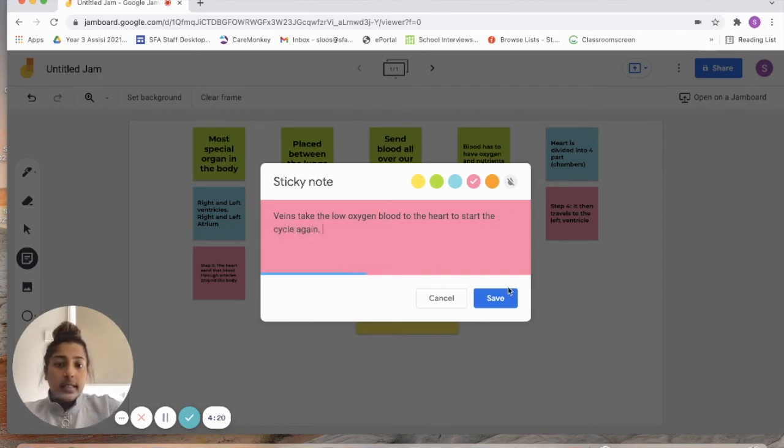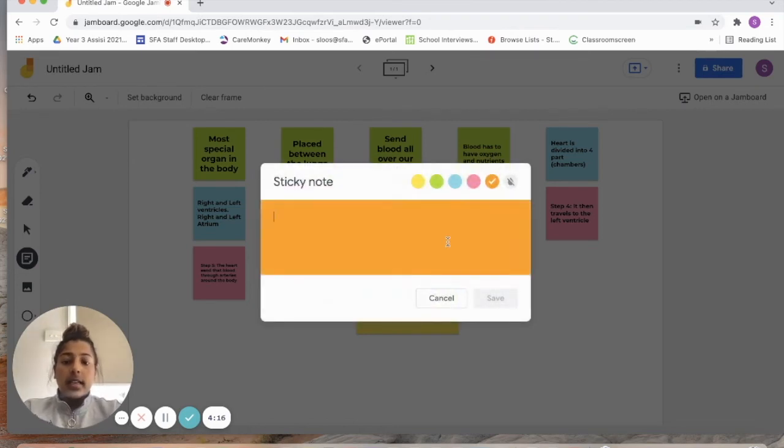And then I'm going to add this as orange. And then it also said that the arteries send the oxygenated blood through the body. That's the end of that cycle.